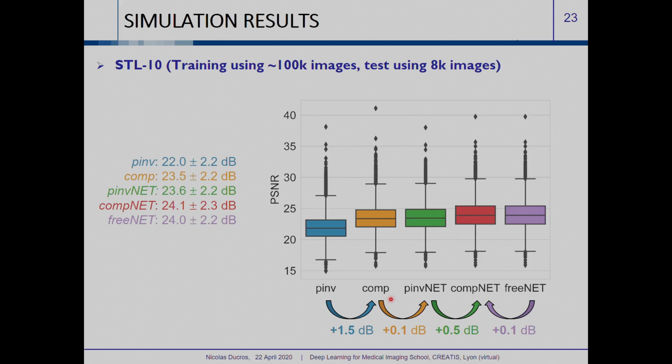The highest peak signal-to-noise ratio is achieved by the completion network, which slightly outperforms the free network and the pseudo-inverse network. Compared to the free network, the completion network has no fully connected layer to train, and hence it has a lot fewer parameters to train.